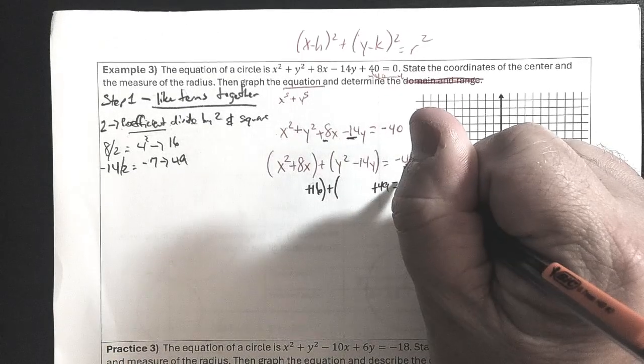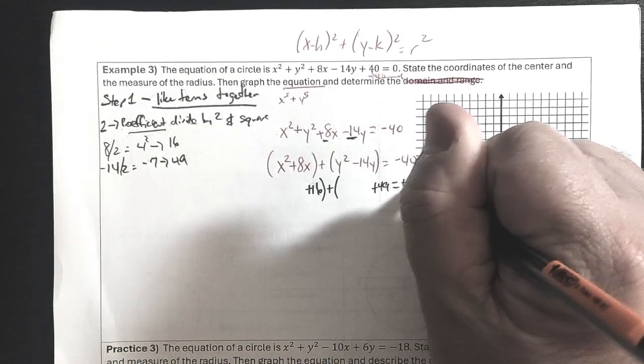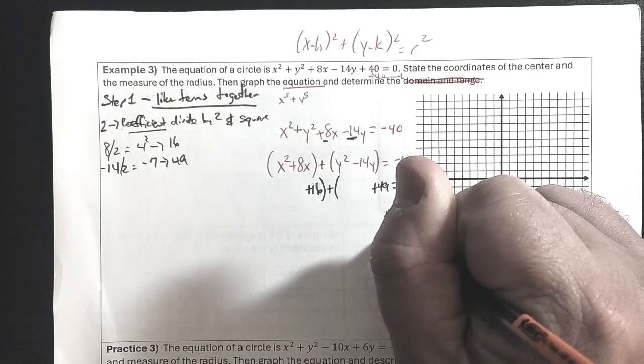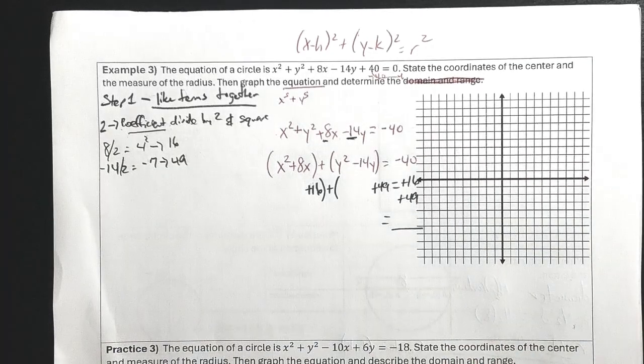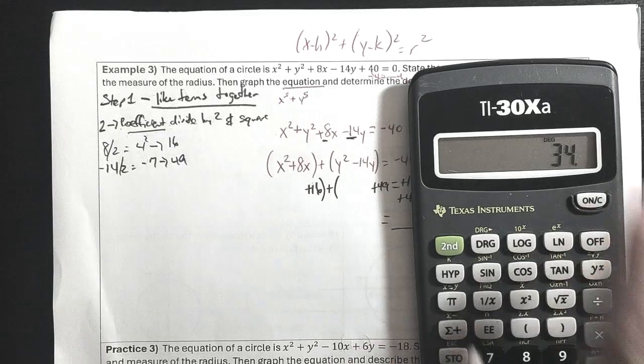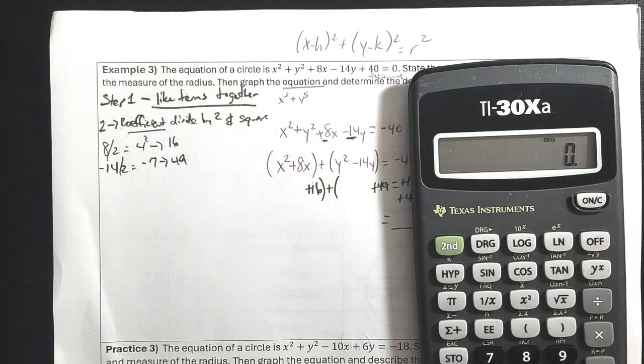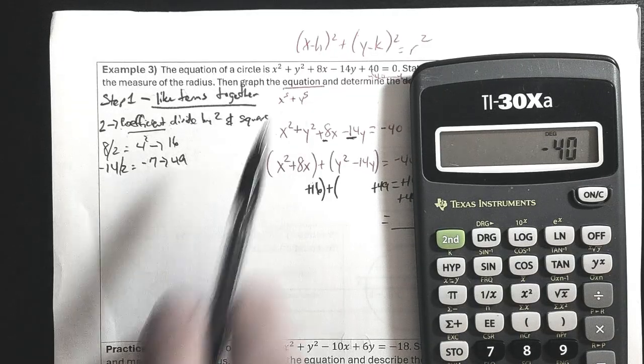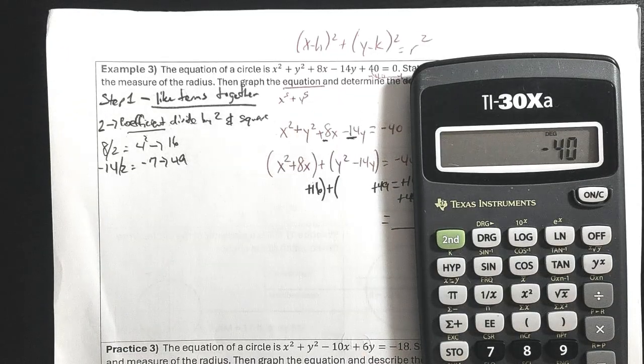So we're going to do that over here, plus 16 plus 49, so that we'll put that number here. Let's just do this real quick. All right, we started with negative 40 as we moved the 40 over up here. We've added 16, so plus 16, and we're adding 49.